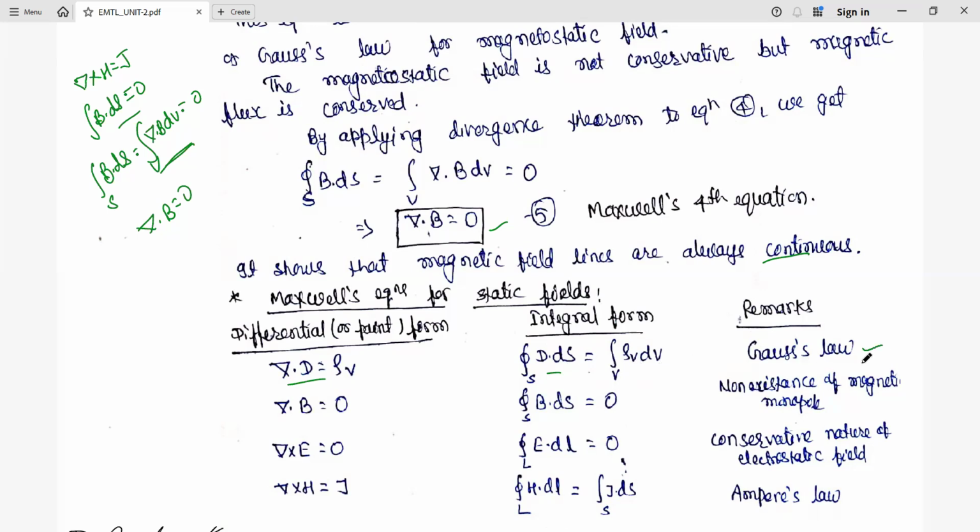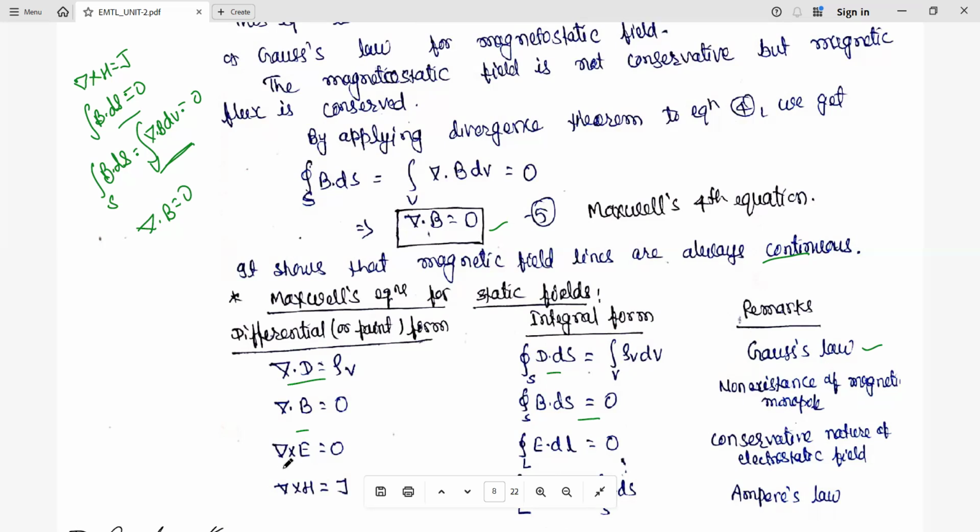This comes from Gauss law, meaning total flux is equal to the charge enclosed. The second one is del dot B equal to 0, and its integral form over the closed surface is B dot ds equal to 0. It shows the non-existence of the magnetic monopole.